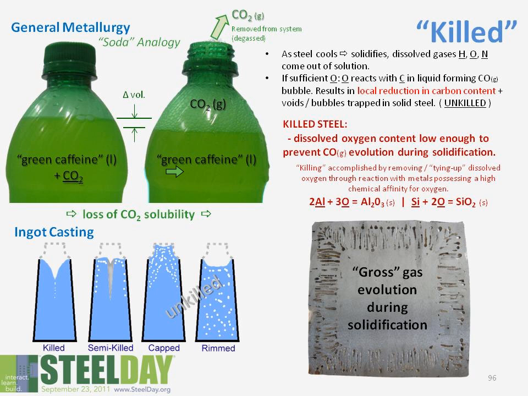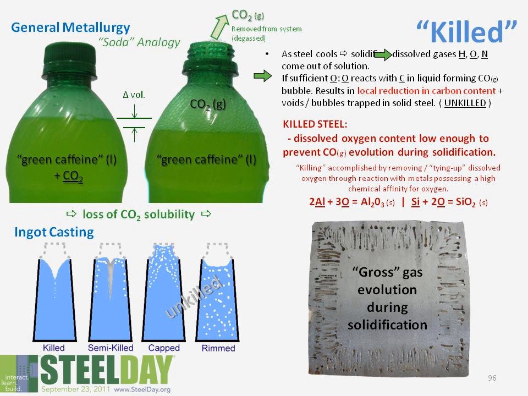Same thing in steel. In the liquid state, steel has dissolved gases: hydrogen, oxygen, and nitrogen. As I cool them down, as I go to a solid, they actually lose solubility. They come out of solution. If sufficient oxygen is dissolved in the steel, it can react with carbon, forming a carbon monoxide bubble within the liquid steel.